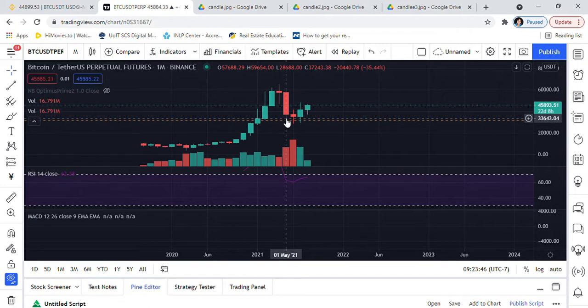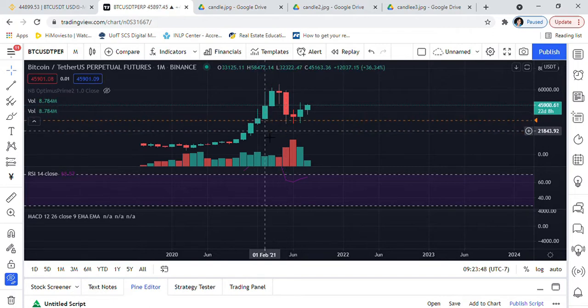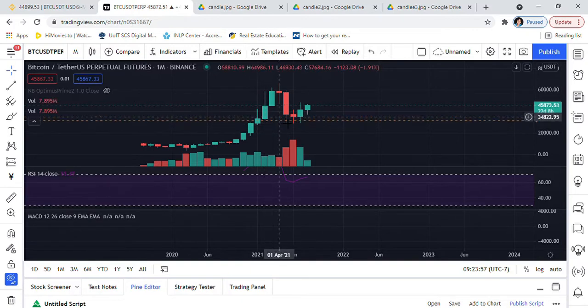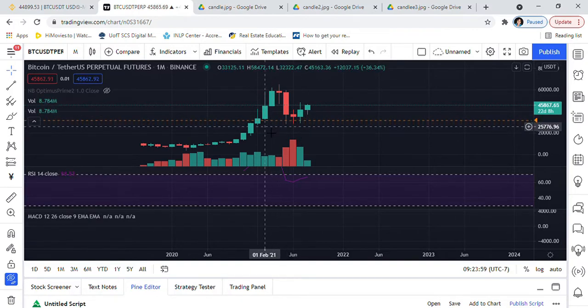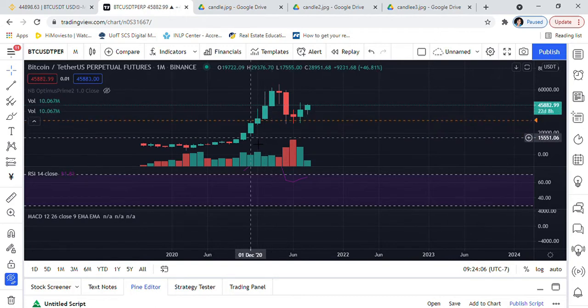Okay, the thing that determines it is the open and closing price. Each of these candles that you're looking at opened at a certain time and then closed at a certain time. And that is called time frame.